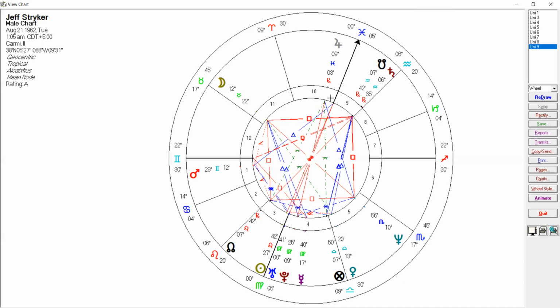So for the person who asked me about that, this is one of those indicators. So Jupiter of course is wealth and benefit. And Jupiter is in Pisces, which is also the exaltation of Venus.